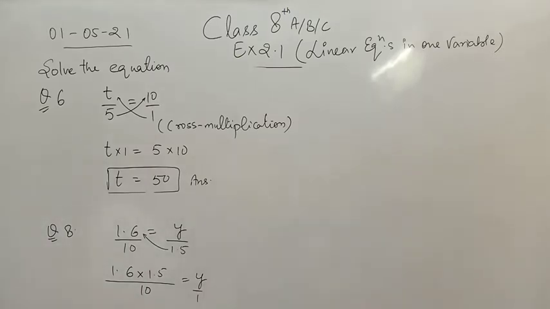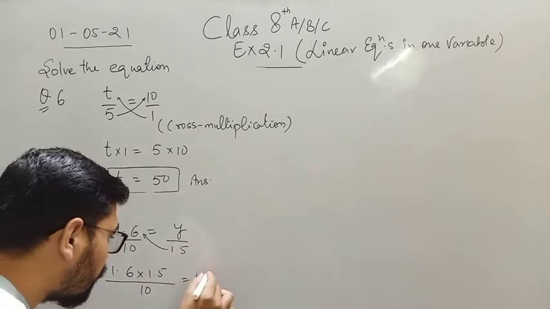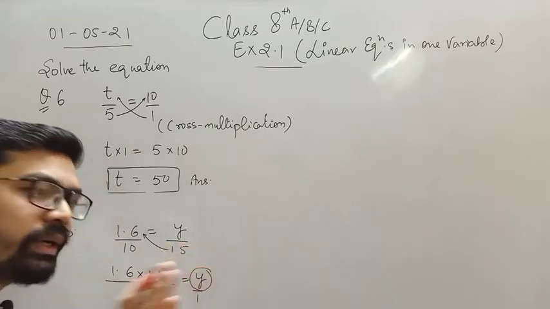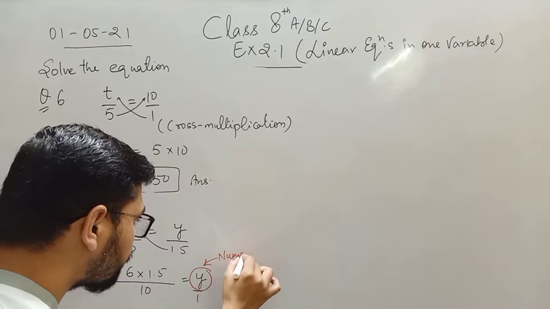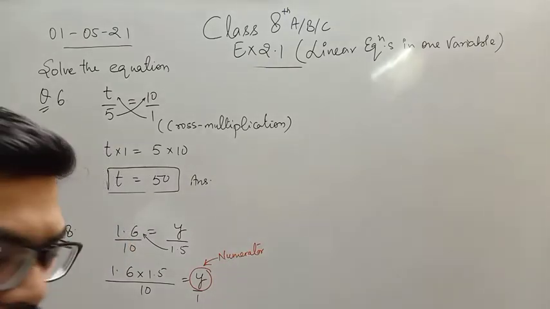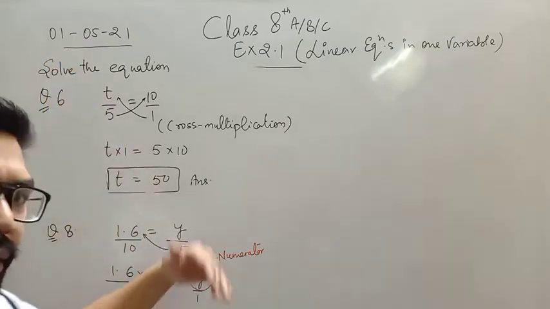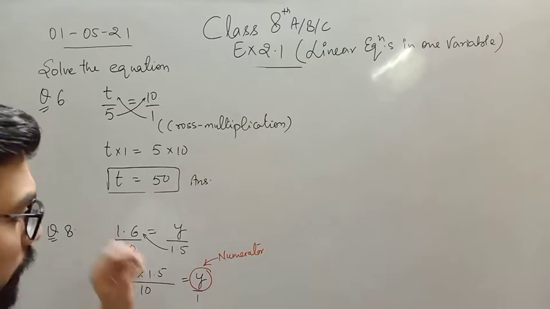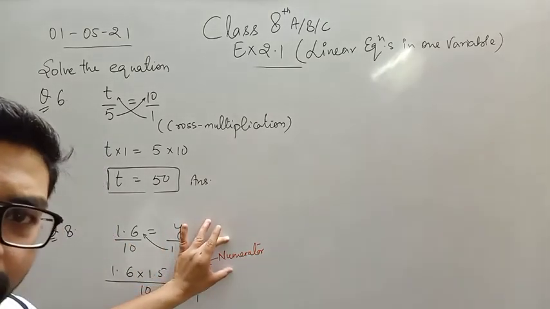Because here I just need to find the value of y, so I just leave it as it is in the numerator. बेटा जो भी value आपको find करनी होगी, you just need to leave that value in the numerator only. जो भी variable है, let's say t, let's say y or x or z, any variable, you just need to keep that variable in the numerator alone.